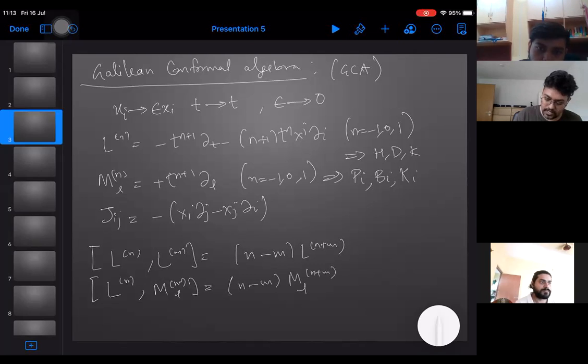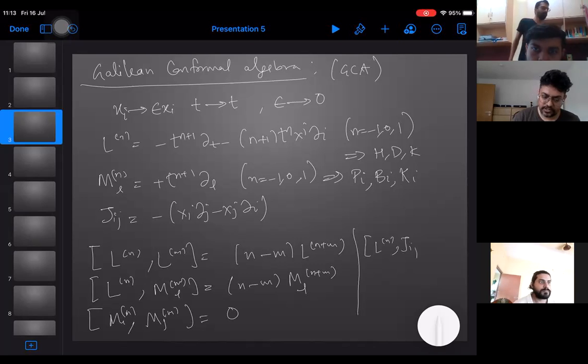The commutators of L and M_n are as before, and M_n with M_m is 0. And also there is the commutation between the G_ij, so I can just write here, it's a very small thing. So G_ij with G_ij is just 0, and the commutator of M_n and L with the G_ij is just from themselves.